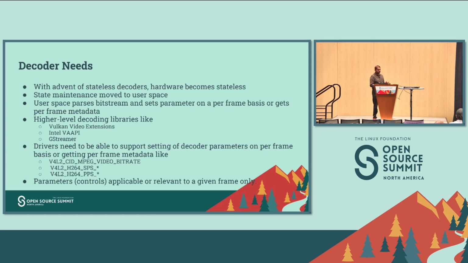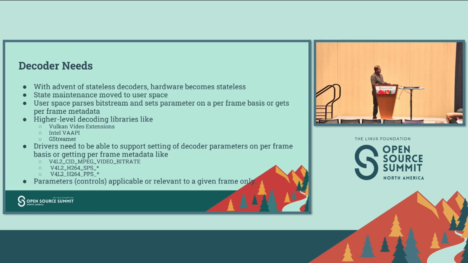That is changing now, and a lot of the decoders are becoming stateless. With that, state maintenance is moved to user space. Typically user space will parse bit streams, and there's a need to set parameters on a per-frame basis, or probably even get per-frame metadata, because that's part of the closed loop of the user space parsing of the state.